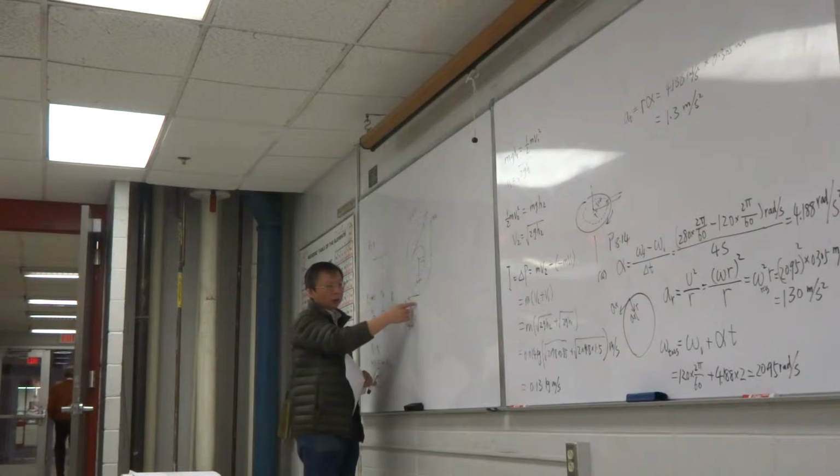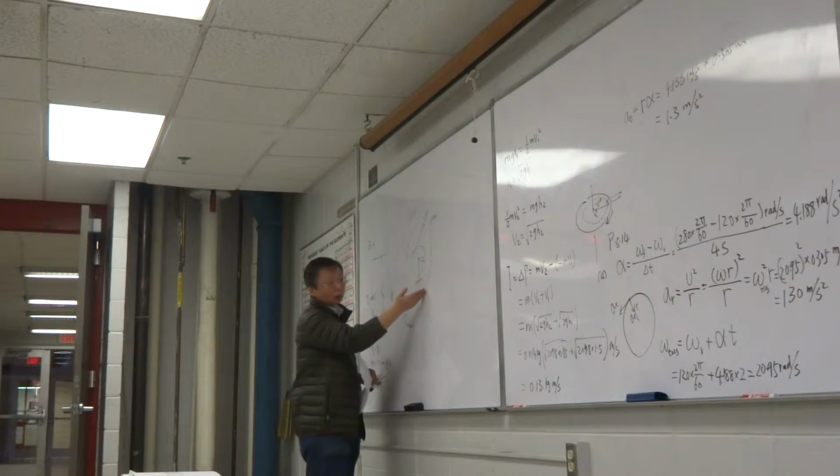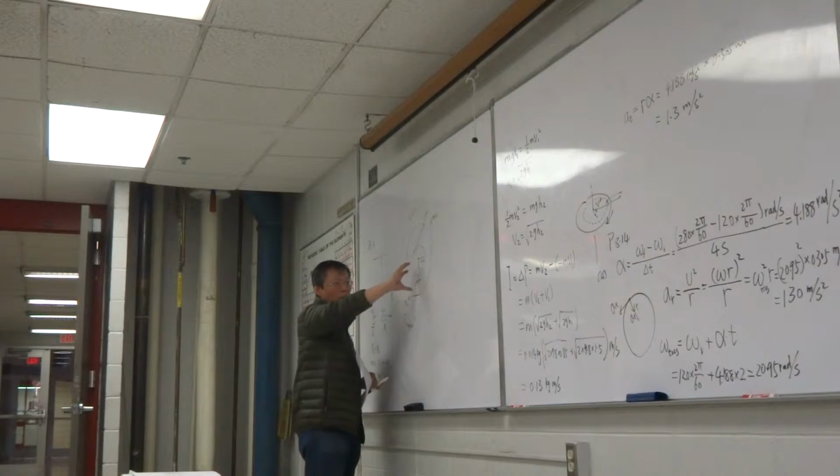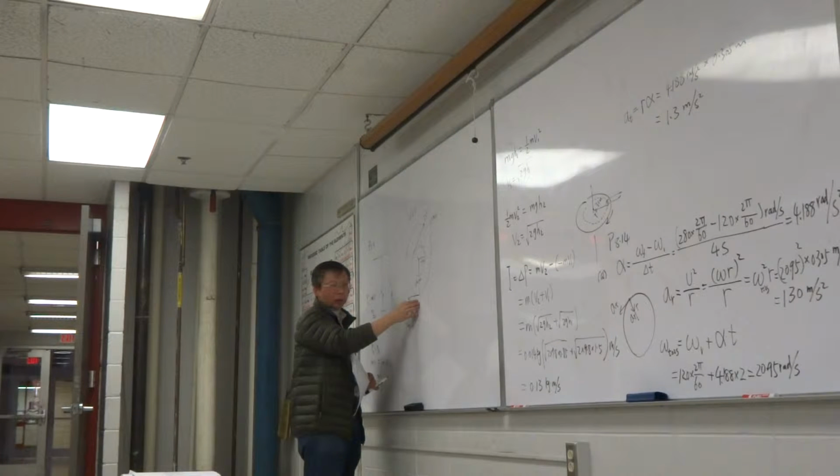So we look at this force. This force is just tangential to the rim of this circle at this point. So the torque by this force should be this force times its moment arm.